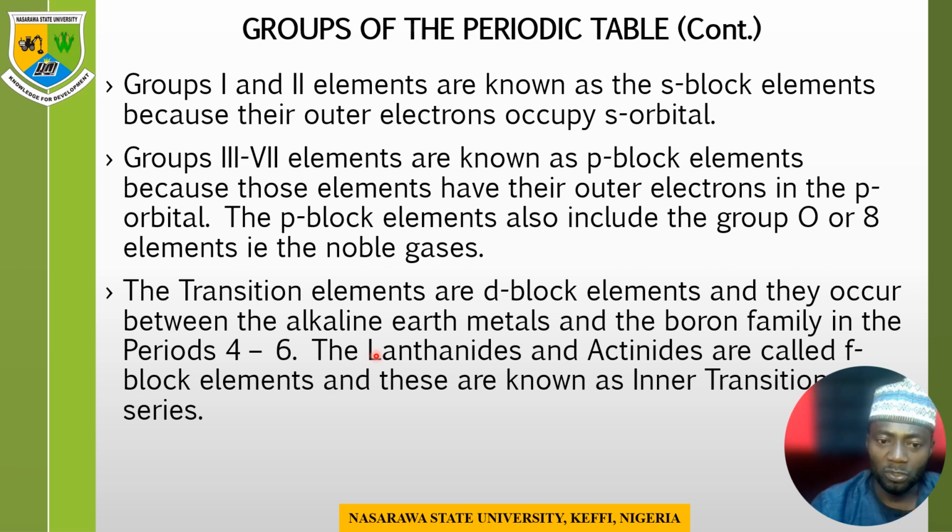Then below we have period 6 and 7 elements, which are called the lanthanides and the actinides. They are basically called f block elements, and these elements are equally known as what? Inner transition series, or we can call them rare earth metals. We shall see these elements in the periodic table template and discuss them better there.